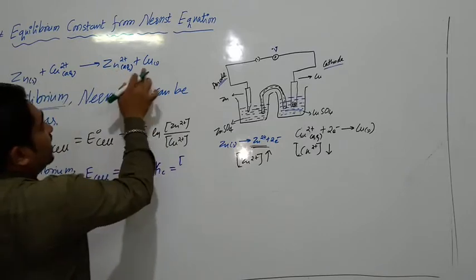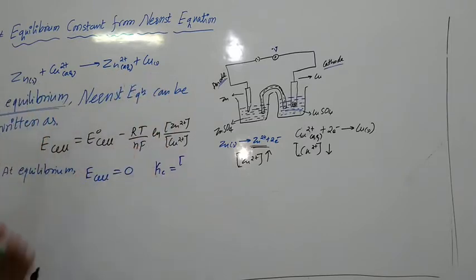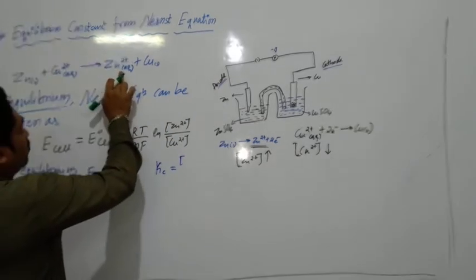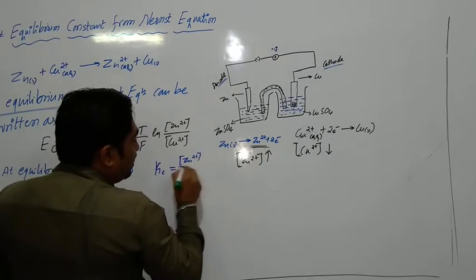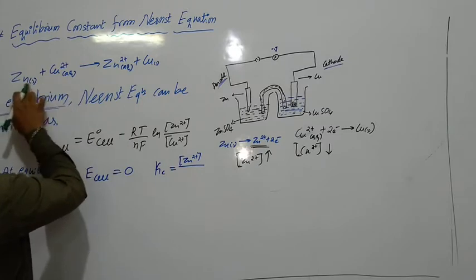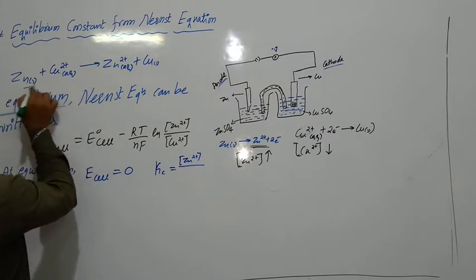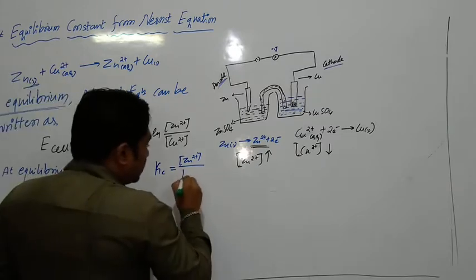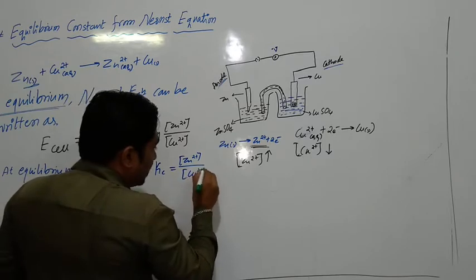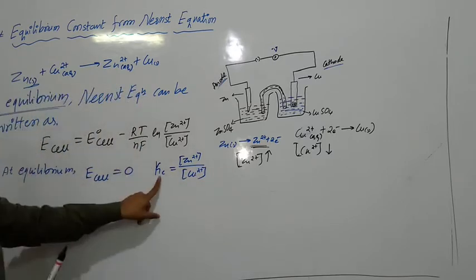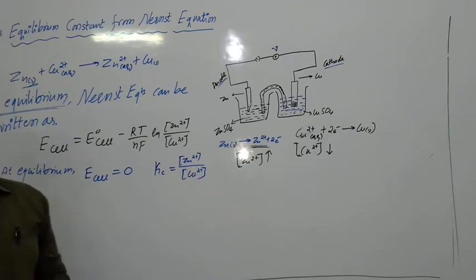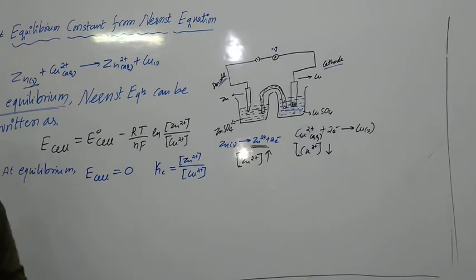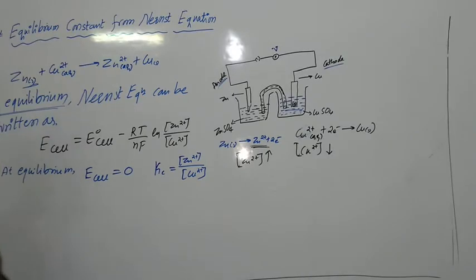Here zinc and copper are solids, which are neglected. We consider the aqueous species: Zn2+ divided by, on the reactant side, Cu2+ ions. Now Kc is equal to the concentration of Zn2+ ion divided by the concentration of Cu2+ ion, where Kc is called the equilibrium constant.